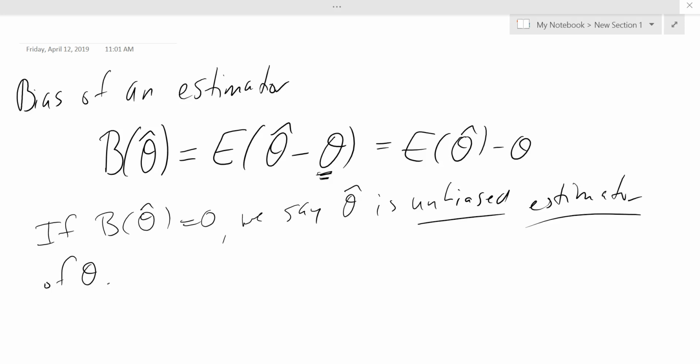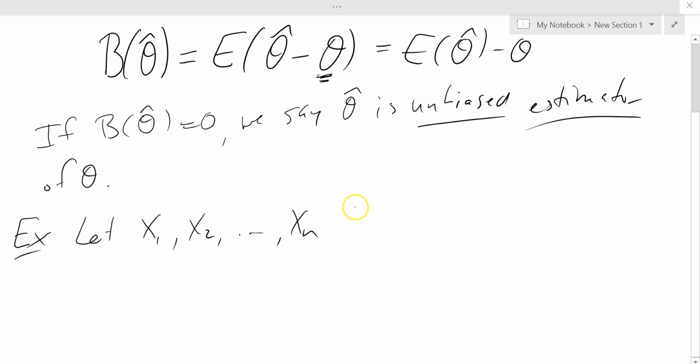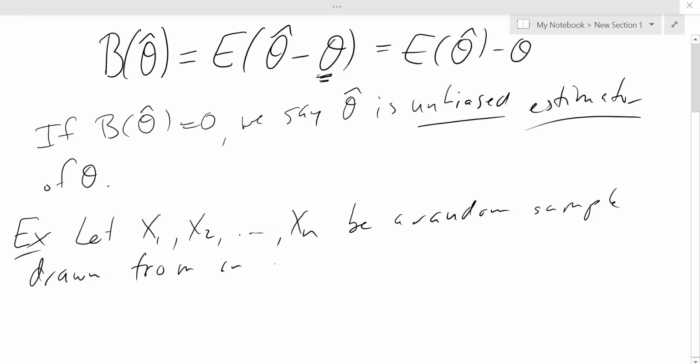But in general, for unbiased estimators, as an example, let x1, x2, up to xn be a random sample drawn from an exponential distribution.